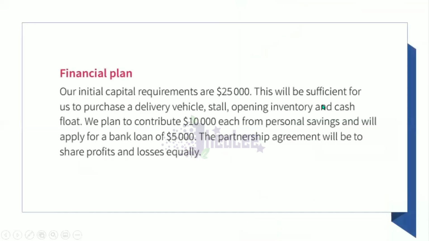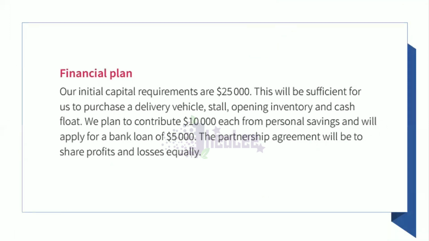And the financial plan section reads, our initial capital requirements are $25,000. This will be sufficient for us to purchase a delivery vehicle, stall, opening inventory, and cash float. We plan to contribute $10,000 each from personal savings and will apply for a bank loan of $5,000.